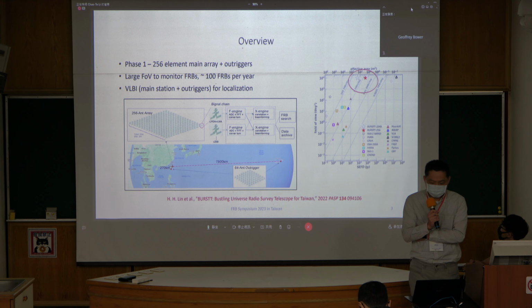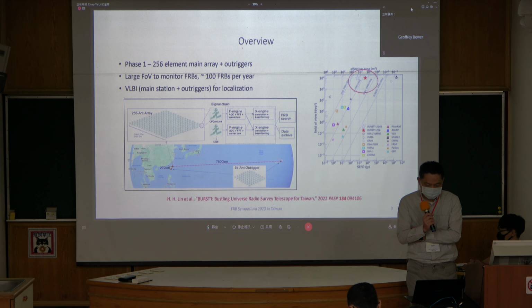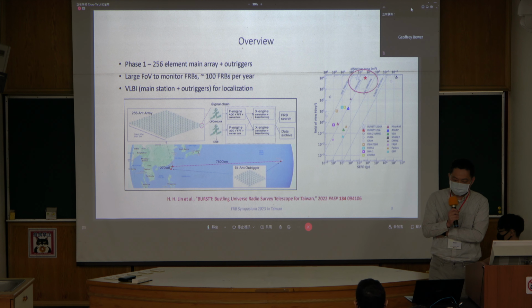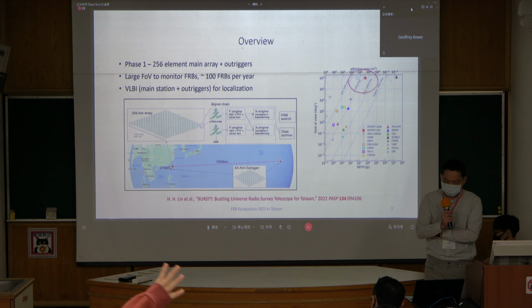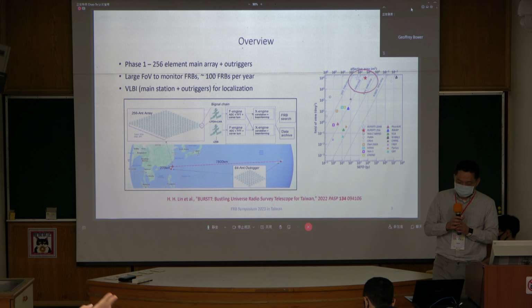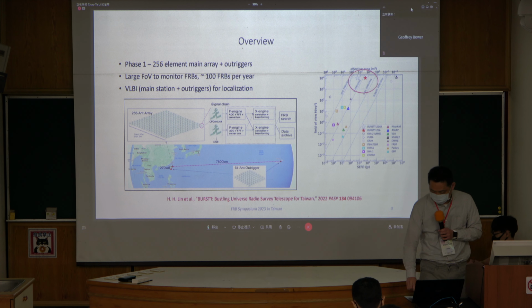Based on CHIME's detection rate, we expect to detect about 100 FRBs per year. The outriggers can provide VLBI capability for FRB localization. For more detail about the project, I'd like to refer you to Shiu-Hang's paper in PASP.